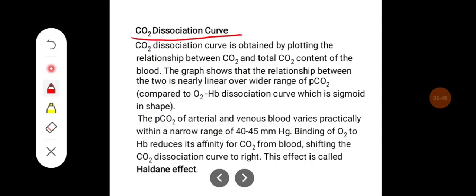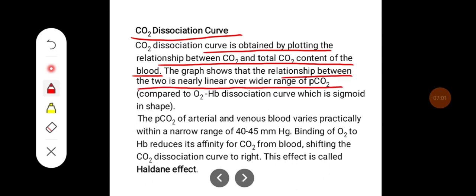Carbon dioxide dissociation curve. Carbon dioxide dissociation curve is obtained by plotting the relationship between PCO2 and total carbon dioxide content of the blood. The graph shows that the relationship between the two is nearly linear over a wide range of PCO2, compared to the oxygen hemoglobin dissociation curve, which is a sigmoid shape.